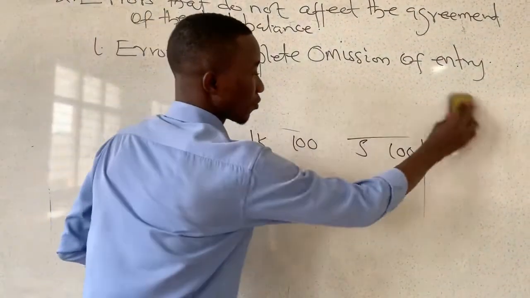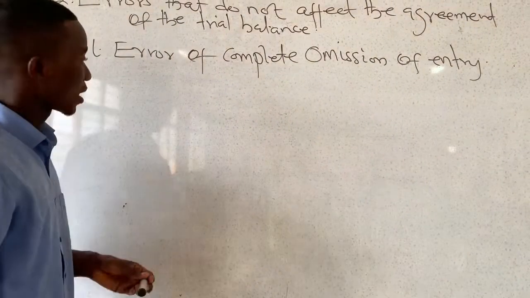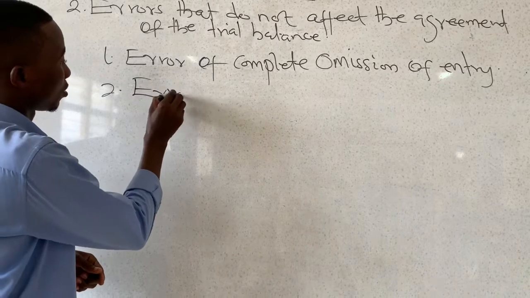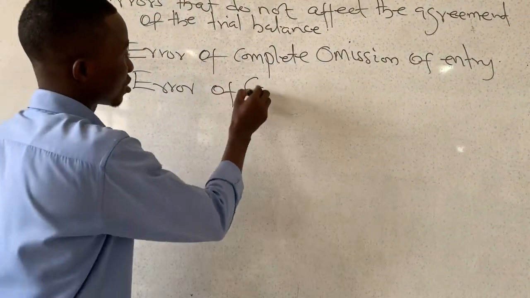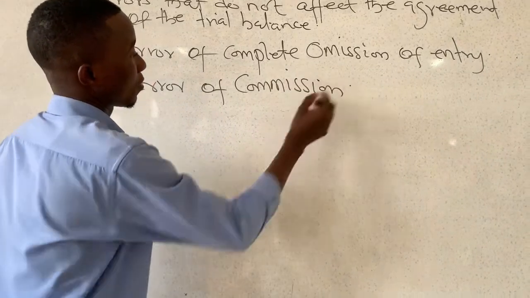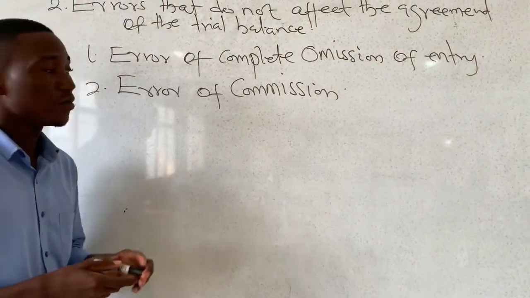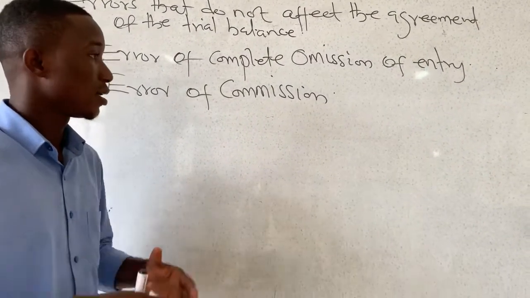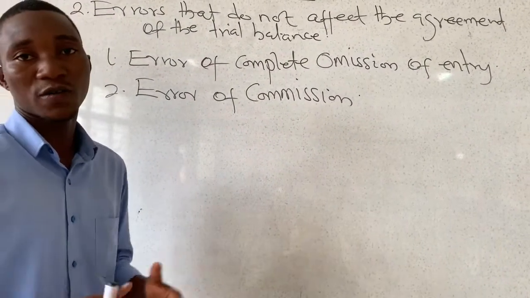So let's talk about the second error. That is error of commission. An error of commission occurs when a transaction has been recorded in a different person's account just because of name similarities.